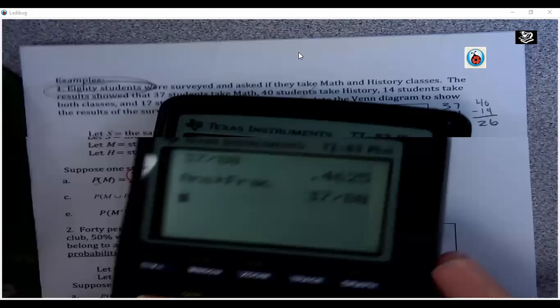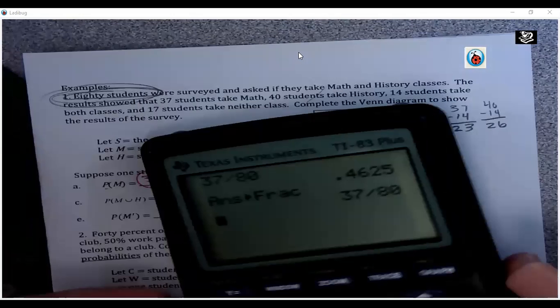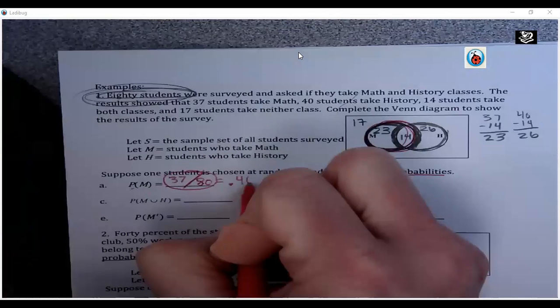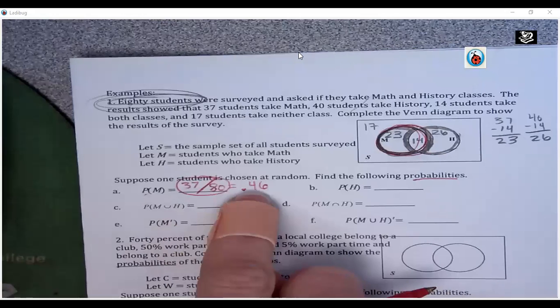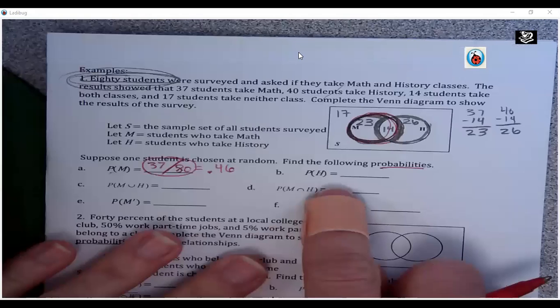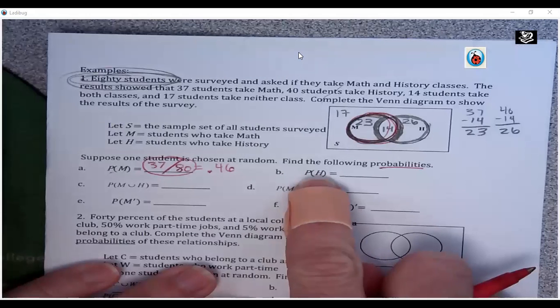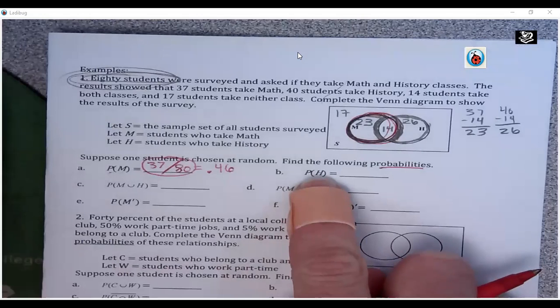Sometimes the answers are in fractions, so 0.46. I don't care which way you put your answer. When you do your assignment today in Delta Math, it'll tell you whether it wants a fraction or a decimal, okay? All right, what about the probability of history? How many total students take history? 40.